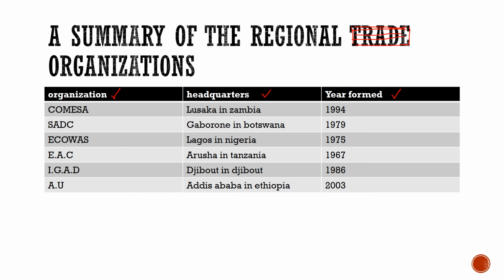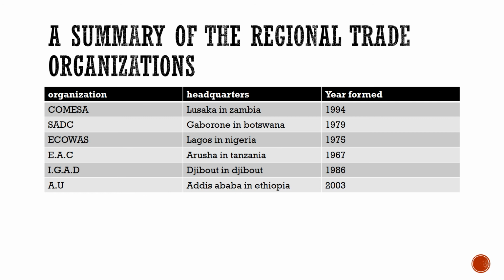Of course, this one is also class 6. And then we have the African Union, class 6 also, even though we are going to further discuss the African Union in class 7. The African Union's headquarters are found in Addis Ababa, Ethiopia, and it was formed in the year 2003. So those are the regional organizations which are found in Africa, and that's what we are going to discuss.